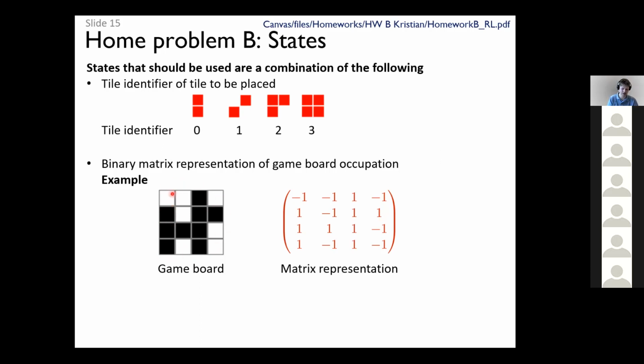Having column heights or number of holes is a way to reduce the size of the state, which would be beneficial for Q-learning, for instance, which doesn't perform well if you have many different states. But for the neural network, the deep Q network method, perhaps it's better to have the entire matrix representation, because then you don't have any preconception. I mean, the states I mentioned, like the height of the columns, are something that I thought up.